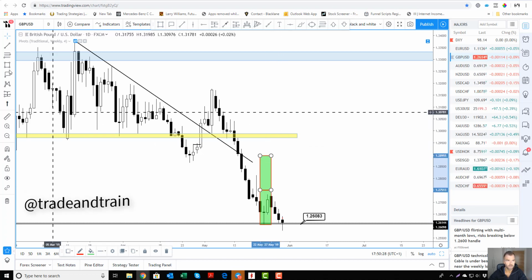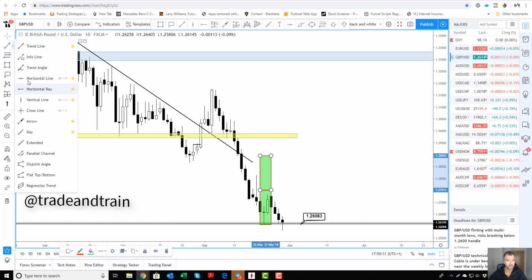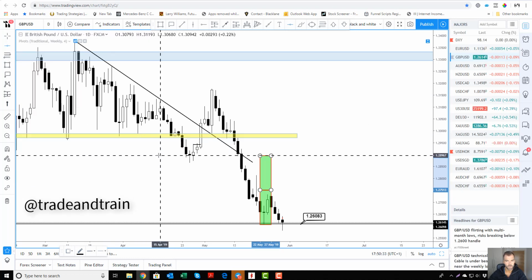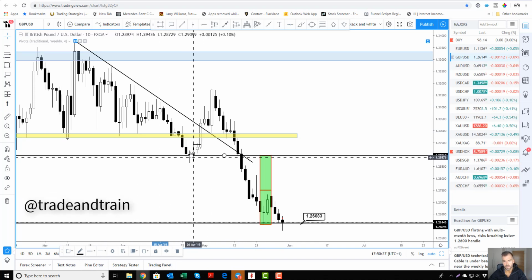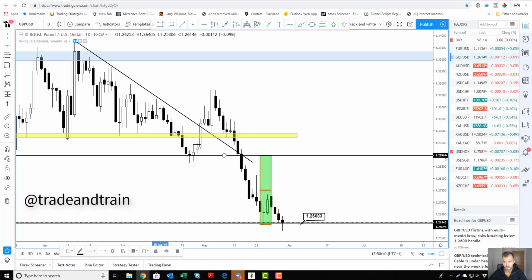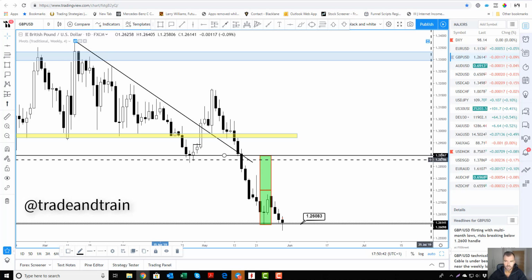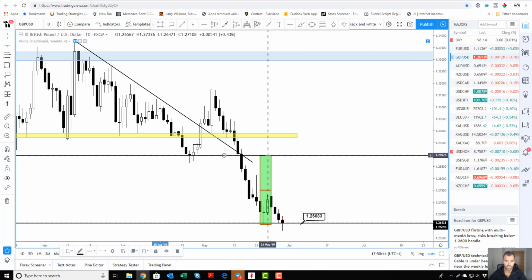And if we look left, we drop our horizontal in, you'll see the measured move comes in perfectly at that cycle low, which is 128.90 to 129 even handle.